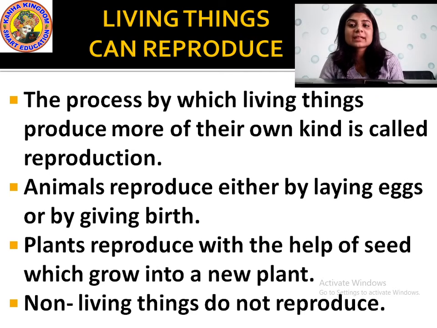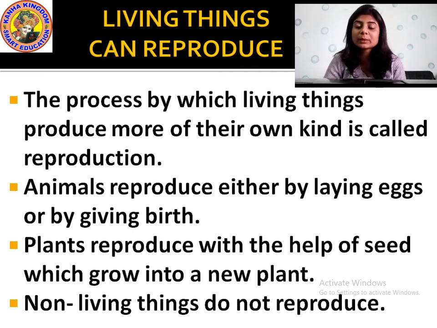Then living things need food to eat. Without food, living things cannot survive. So they need food so that they can get energy to move and to work. Okay, animals eat to survive. Some carnivorous animals eat the flesh of other animals, and herbivores eat green plants.